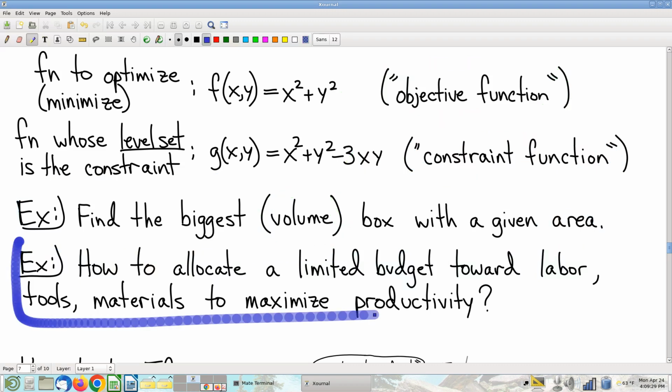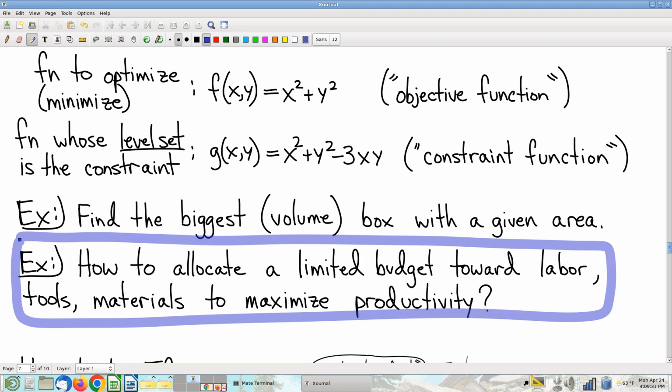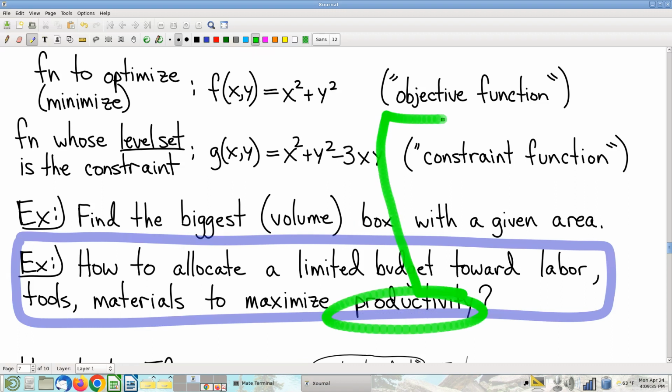Another real-world scenario. Suppose you're starting a small business, and naturally you want to maximize productivity. Okay, well then that's our objective function. We want to be as productive as possible. We want to be able to produce as many widgets as possible, right? Well, here's the thing. I only have a finite amount of money to spend. The bank would only give me a loan for a certain amount. That's all the money I have. So from that same budget, I've got to hire my labor.